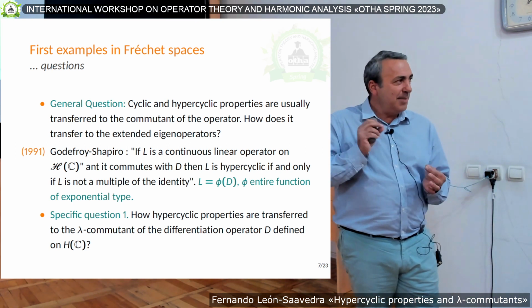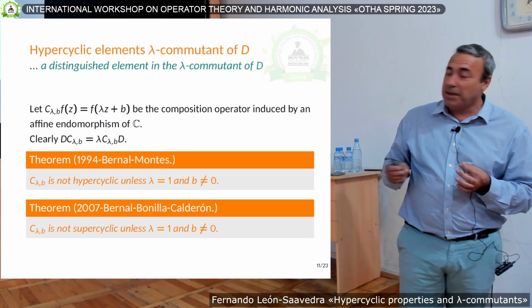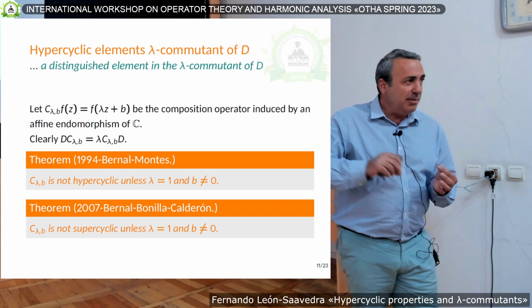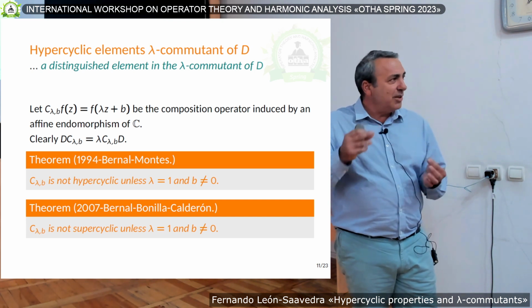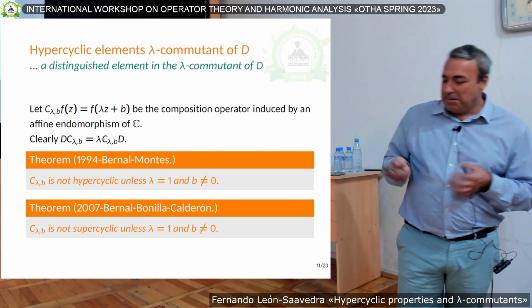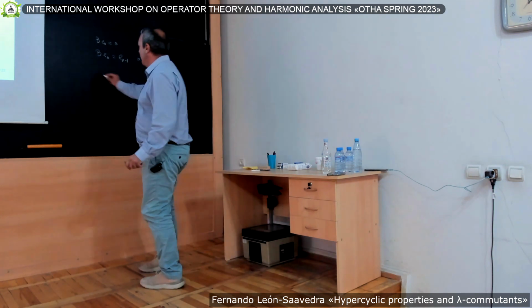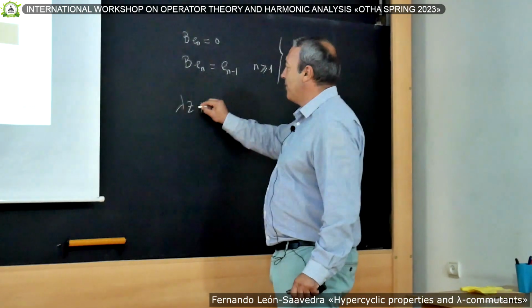In our result, the statement will pivot around another operator, a distinguished operator. We will say that this map is an affine endomorphism.